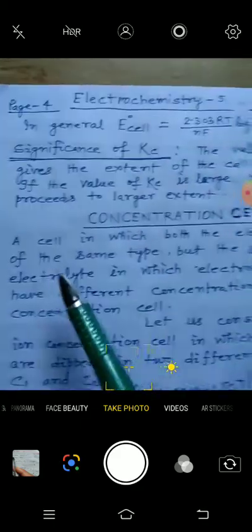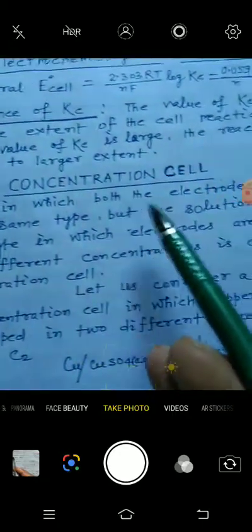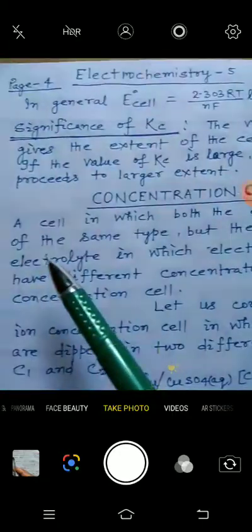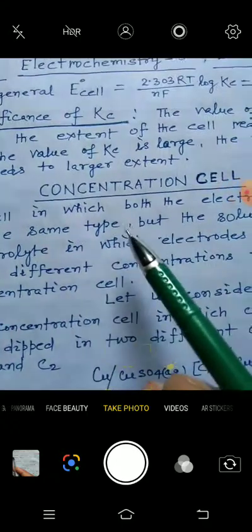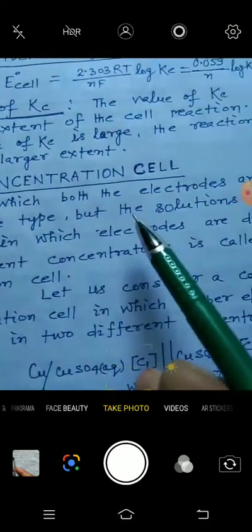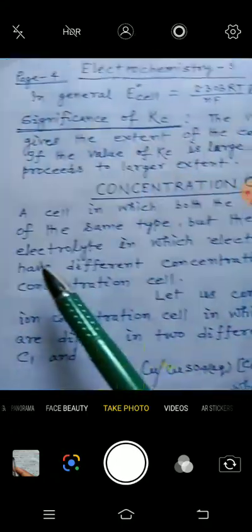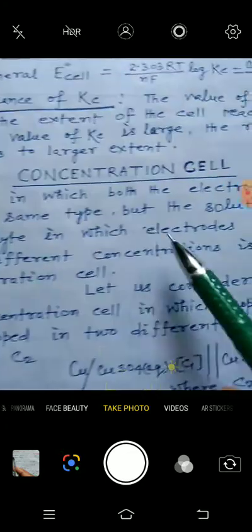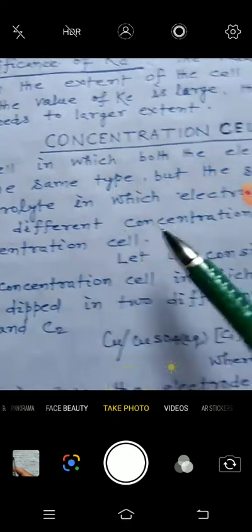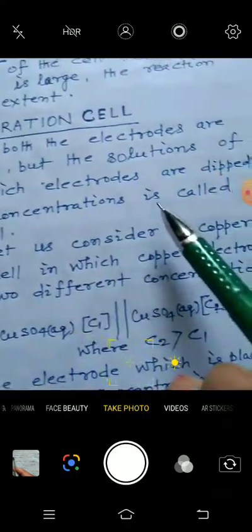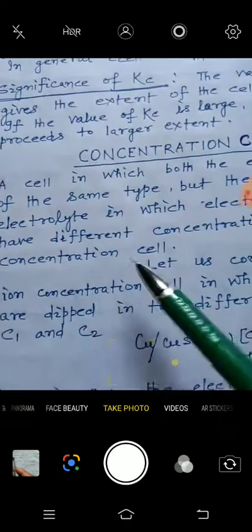Concentration cell. A cell in which both the electrodes are of the same type but the solutions of electrolyte in which the electrodes are dipped have different concentrations is called a concentration cell.